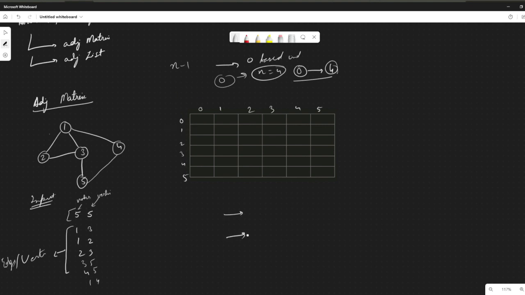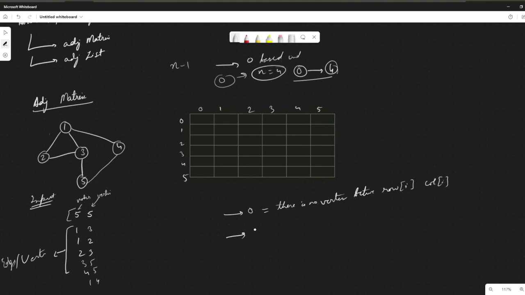For that, we use two numbers to fill the matrix. 0 basically represents there is no edge present between ith row and ith column.